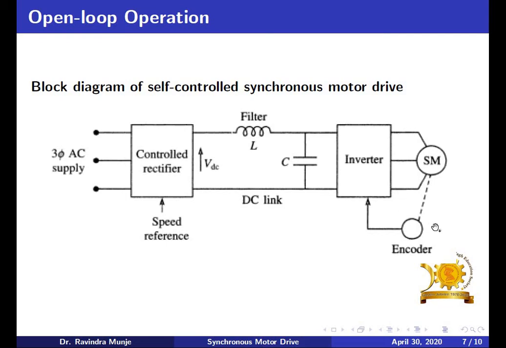So the output of the rotor position sensor is given to the inverter, which is used to produce firing pulses for semiconductor devices, that is SCRs, used in the inverter feeding the motor. In other words, these are the supply lines to the stator, three-phase supply.